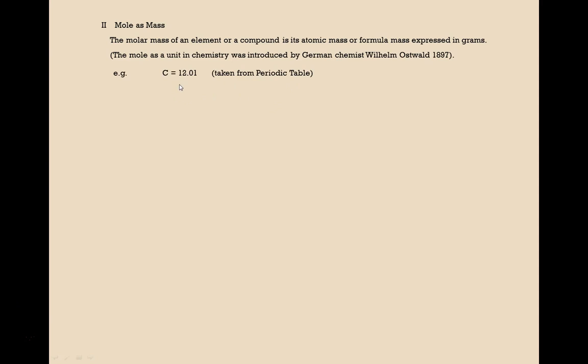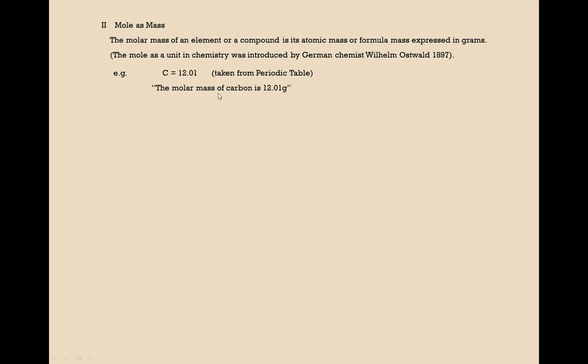Now, let's consider an example here. We'll look at carbon. From the periodic table, its atomic mass is 12.01. It's 12.011, but I'll just take it to 2 decimal places for our purposes. If you weigh out 12.01 grams, then that will be 1 mole as expressed up here.